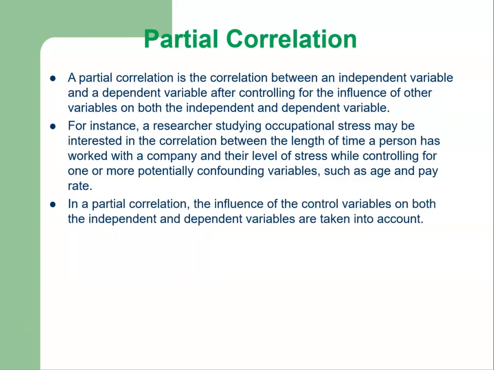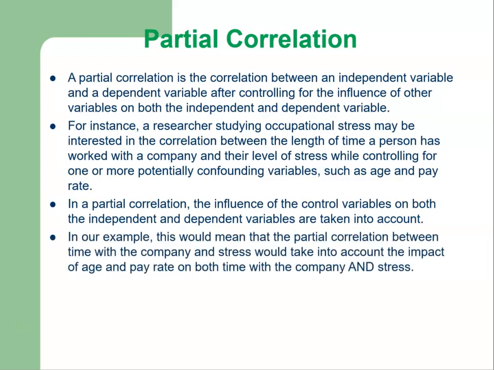In a partial correlation, the influence of the control variables on both the independent variables and dependent variables are taken into account, that is, they are removed. In our example, this would mean that the partial correlation between time with the company and stress would take into account the impact of age and salary on both time with company and stress.